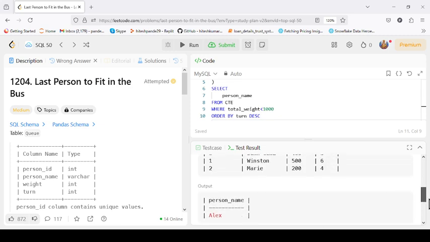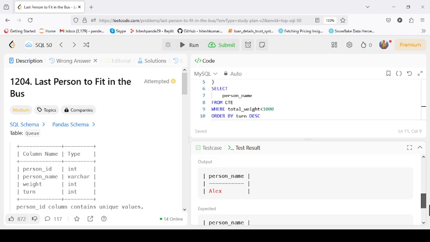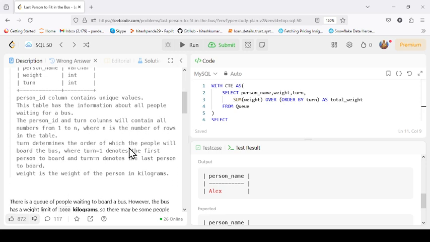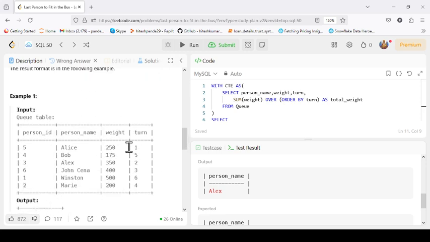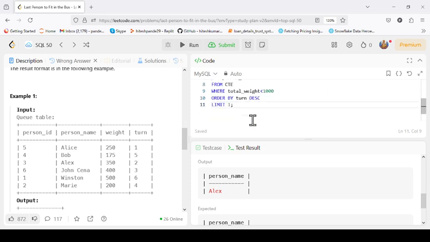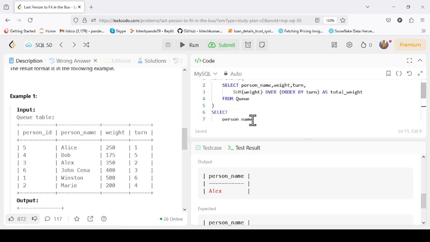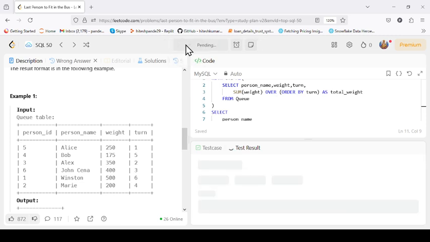Okay, we want John Cena. We have to sort the turn column. Still we are getting this error.